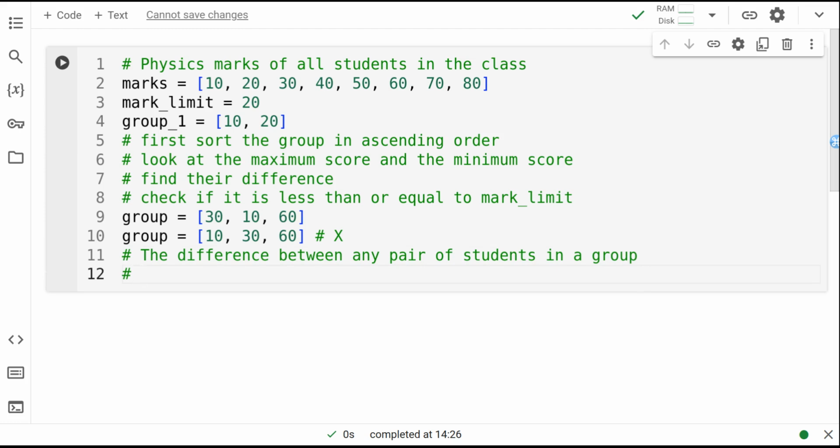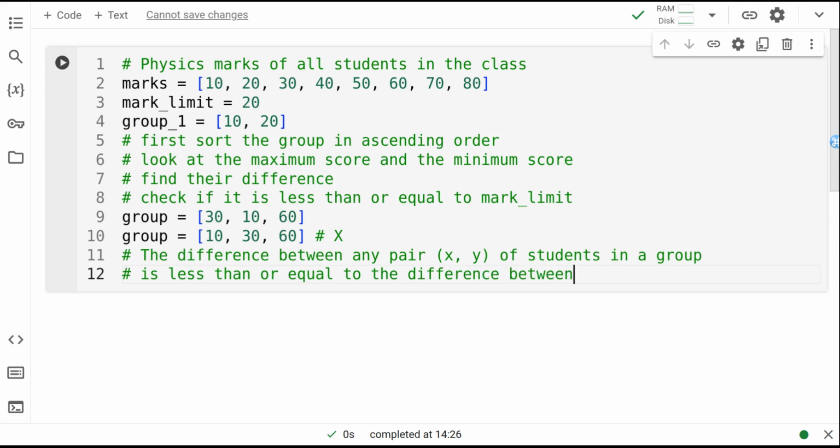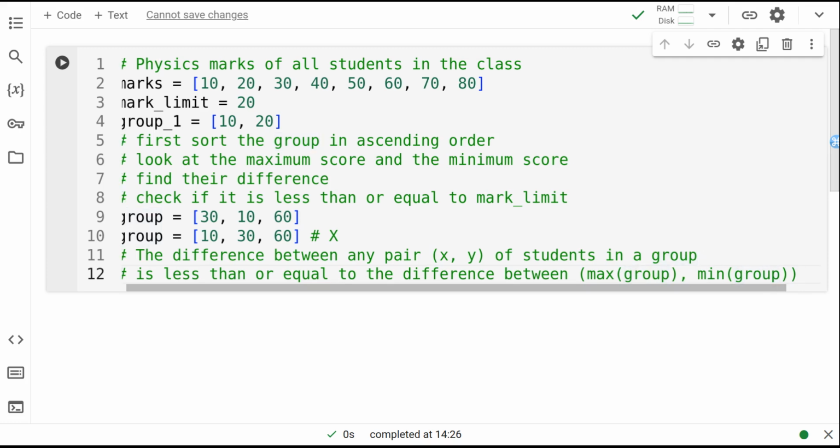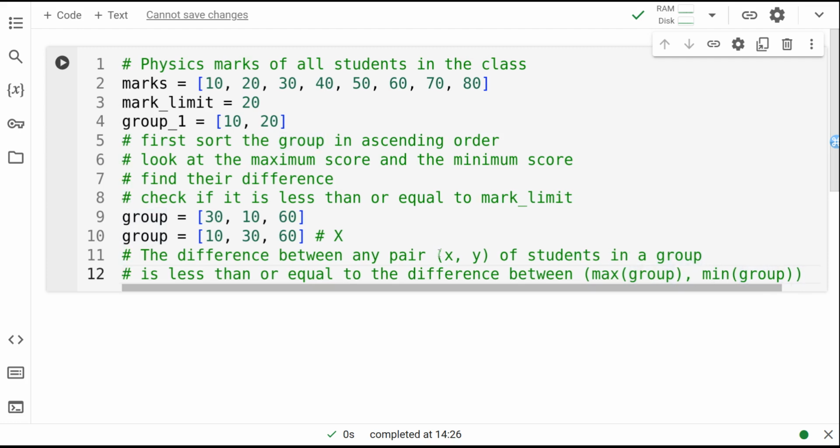Let's call this pair x, y. When I say x, y, x represents the mark, y also represents the mark of some two students in the group. So the difference between any pair of students in the group is less than or equal to the difference between the maximum value in the group and the minimum value in the group. So you have to convince yourself that this is correct.